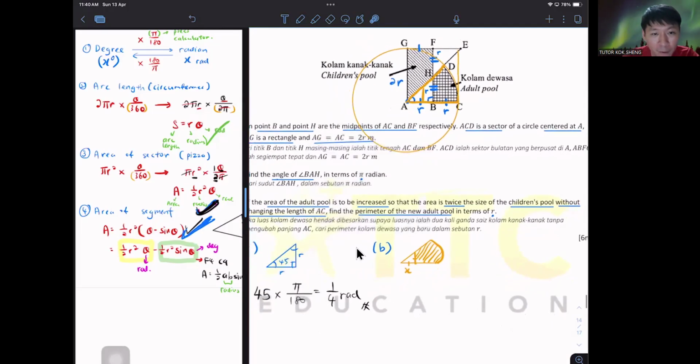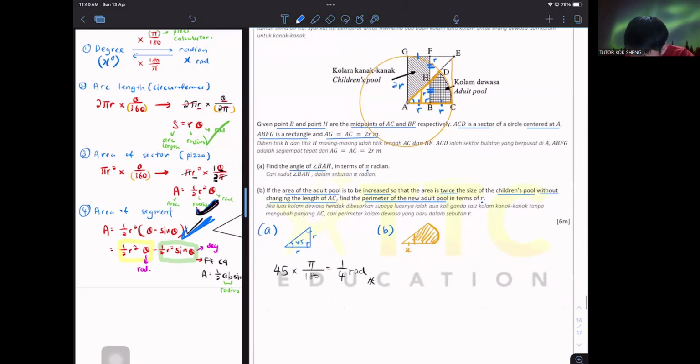Now, the area of the adult pool is twice the size of the children pool. Children pool is a trapezium shape here. So this length is R, 2R, 1R.